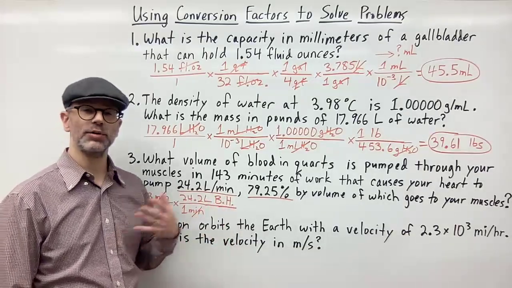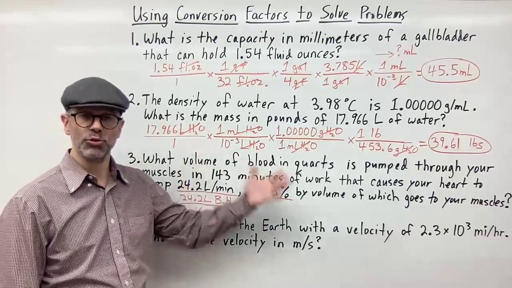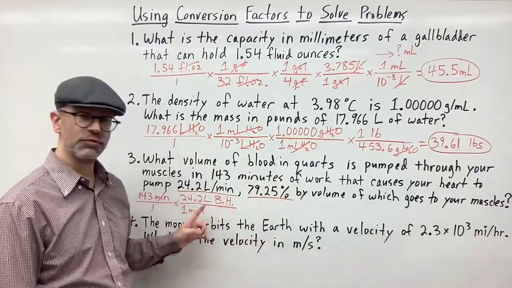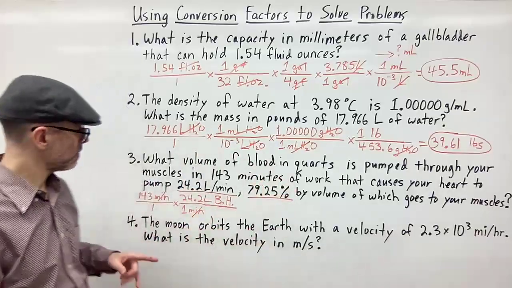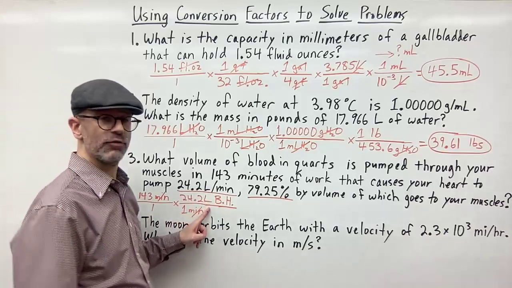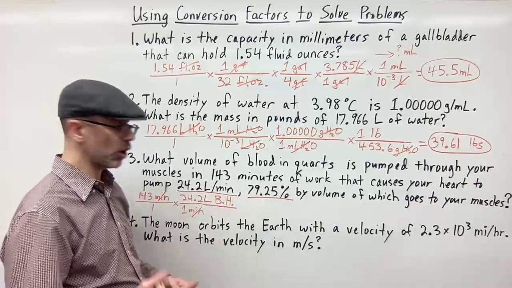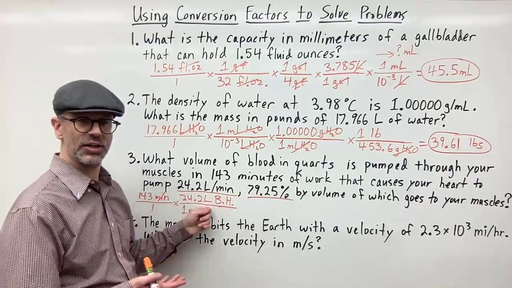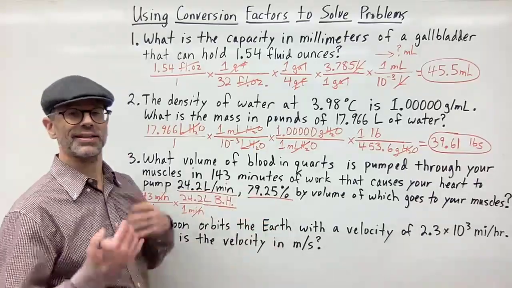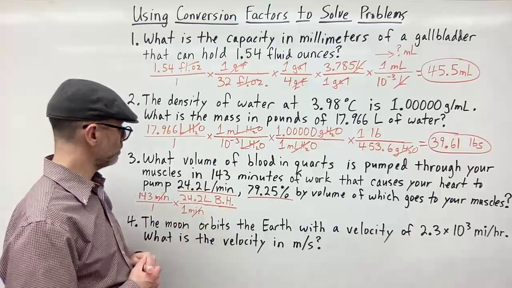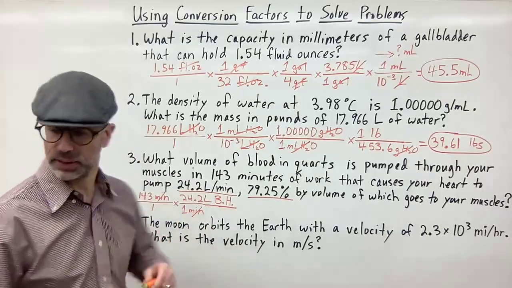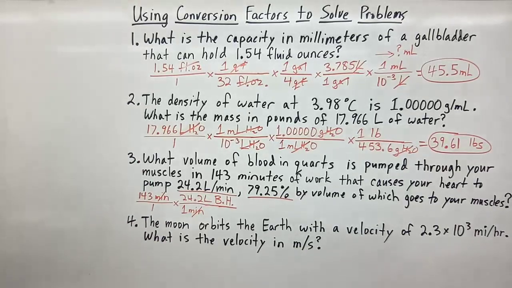Well, because we're going to convert that to blood through the muscles, and we don't want to confuse our units. So we can either convert liters to quarts right away and then use the percentage, or we could use the percentage in liters and then convert to quarts. It doesn't matter how you do it. Let's see. I will do it.